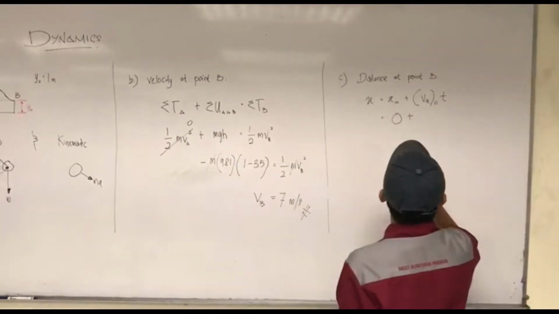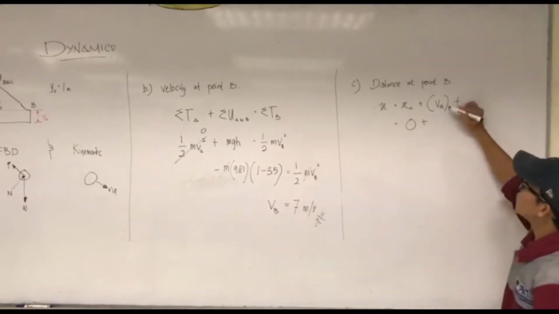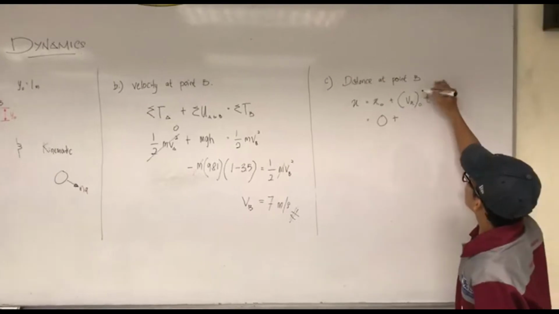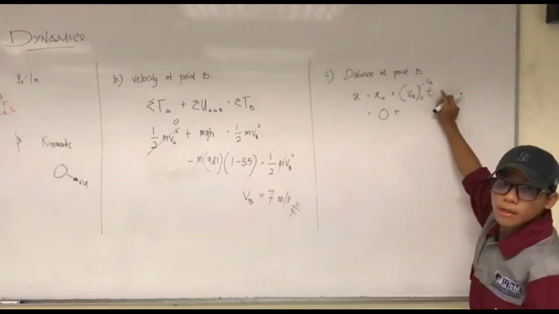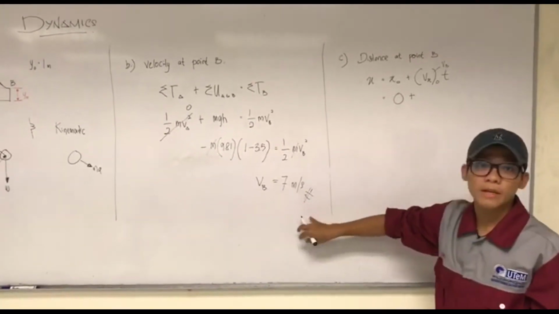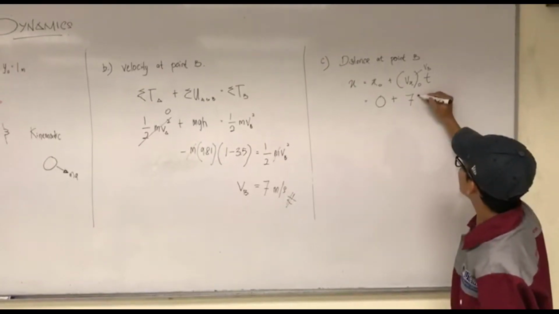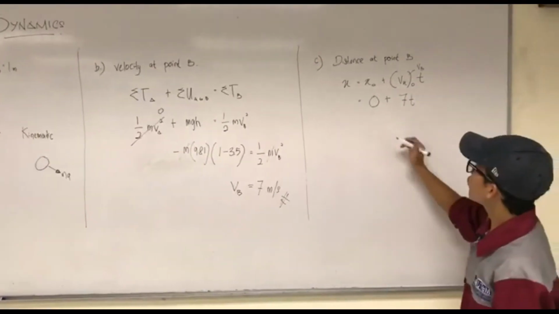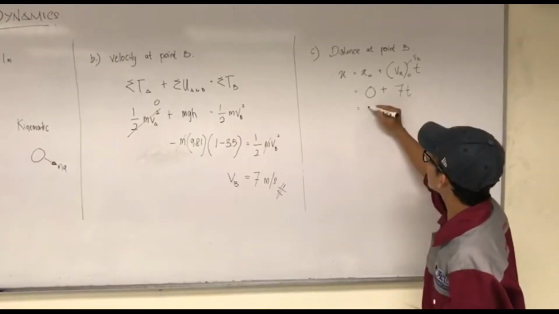Vx is also known as Vb. So Vb, as we know, is 7 meter per second. So we put the 7 and then t. T is the unknown. So the answer is 7t.